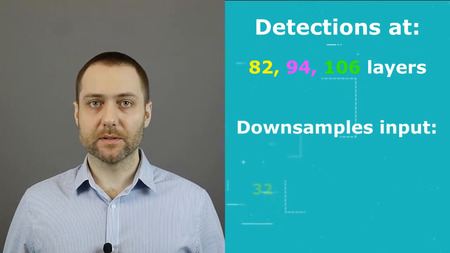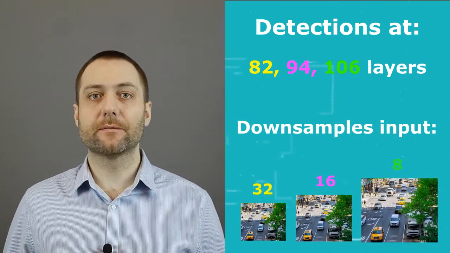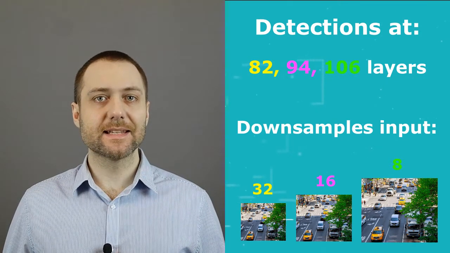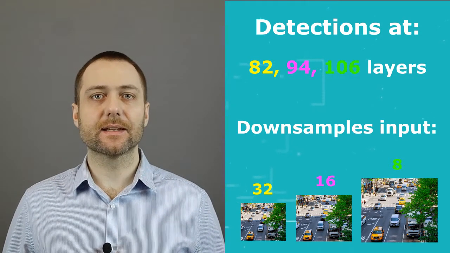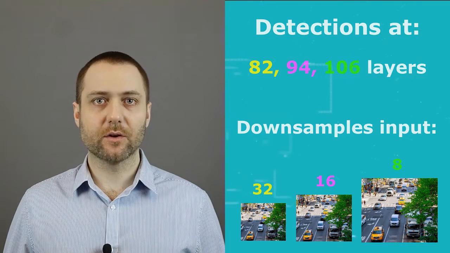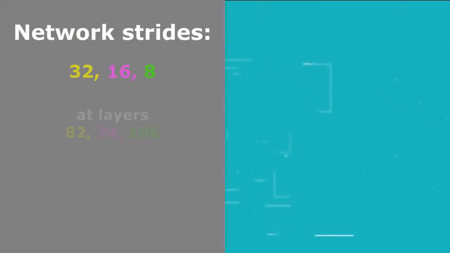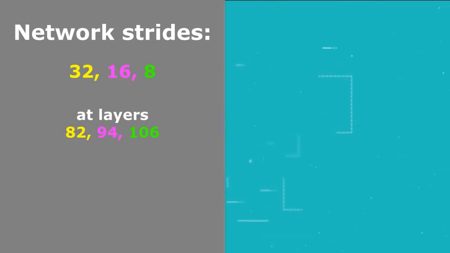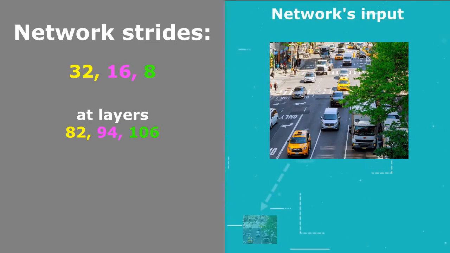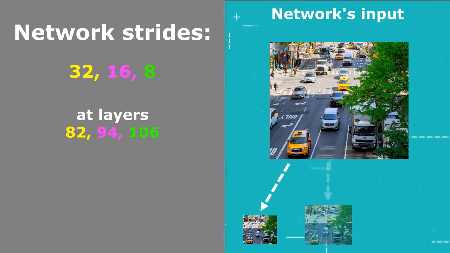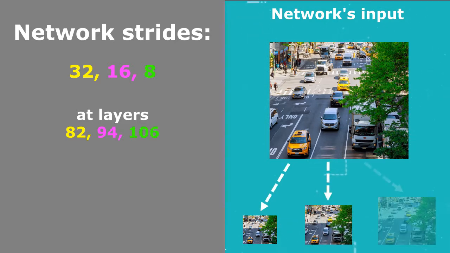Network downsamples input image by following factors 32, 16, and 8 at those separate places of the network accordingly. These 3 numbers are called stride of the network, and they show how the output at 3 separate places in the network is smaller than input to the network.